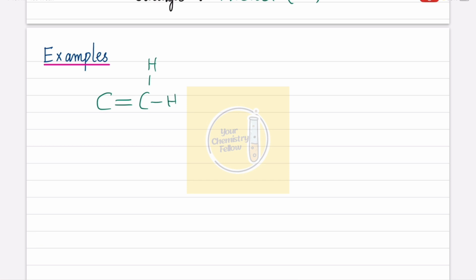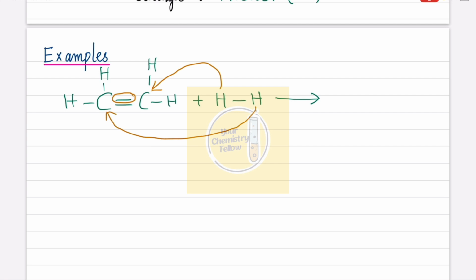I am drawing the displayed formula for ethene plus hydrogen molecule. What happens is this double bond is opened up. One hydrogen atom is added to one of the doubly bonded carbon, and the second hydrogen atom goes to the second carbon atom. Now what will be the product formed?